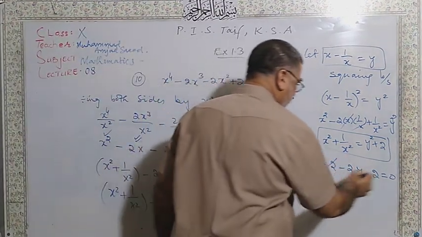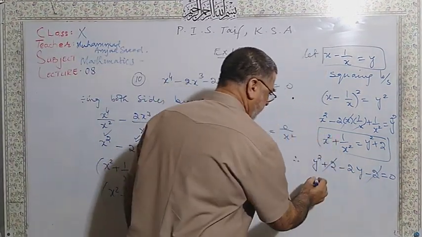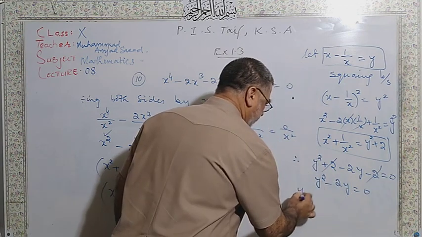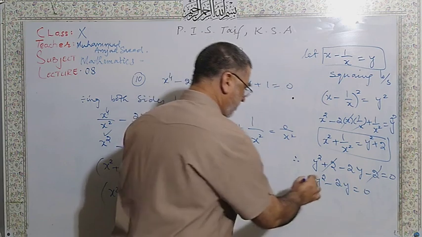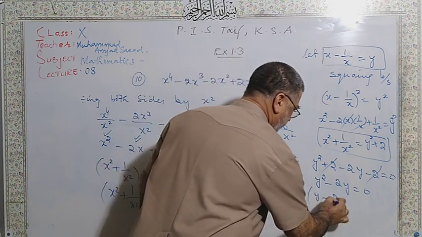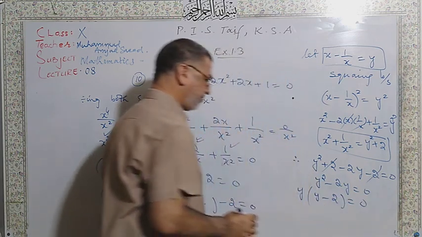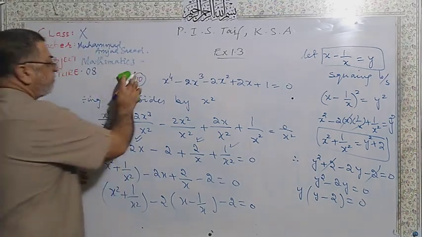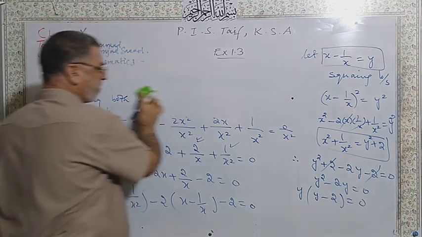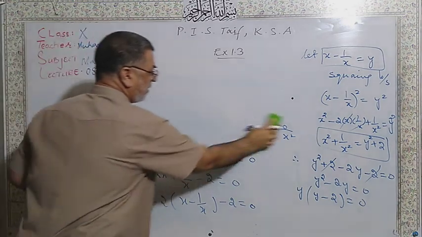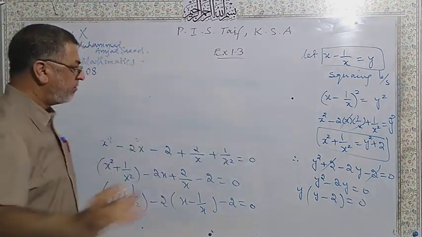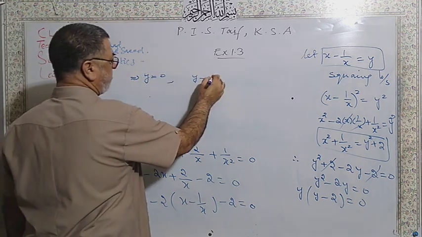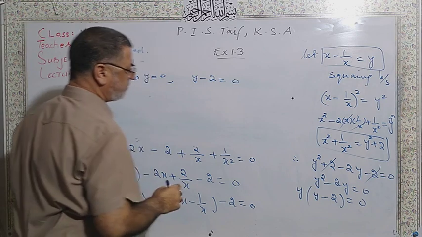Plus 2 and minus 2 cancel out, and we are left with y square minus 2y is equal to 0. You can take y common, y into y minus 2 is equal to 0. Remember that you have y is equal to 0 and y minus 2 is equal to 0.